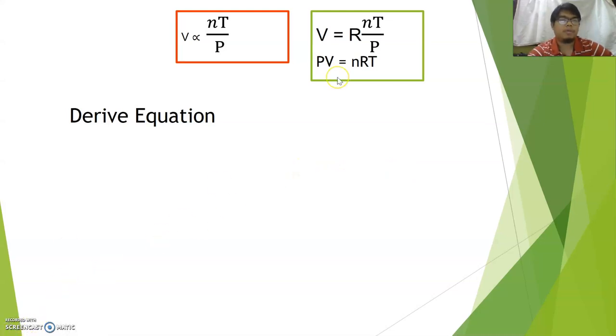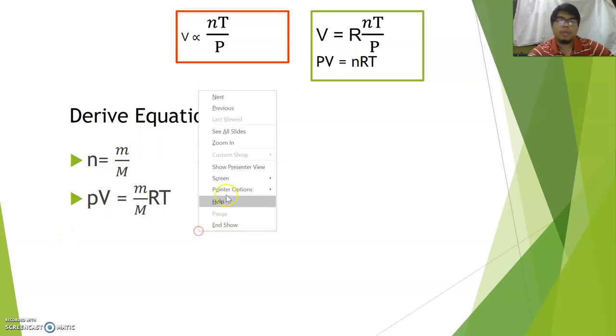However, for PV equals nRT, we can also represent it in another way, where we can derive the equation. If you still remember that moles n equals m over M, where m is mass divided by molar mass, we get the moles of the gas molecules.